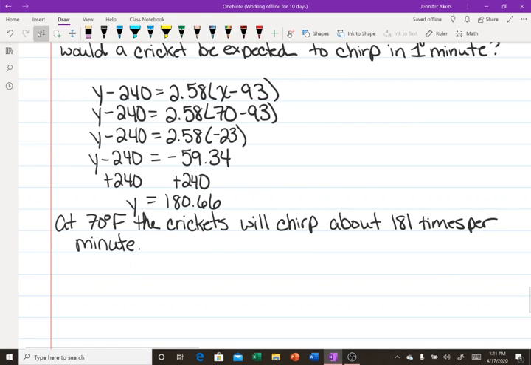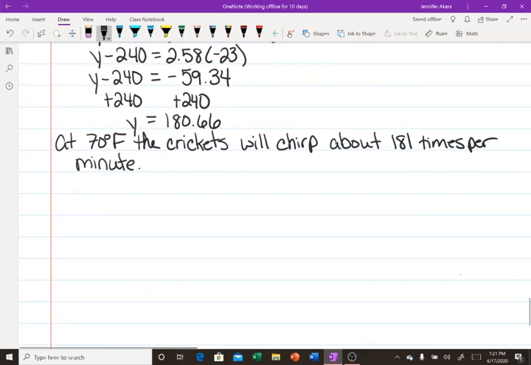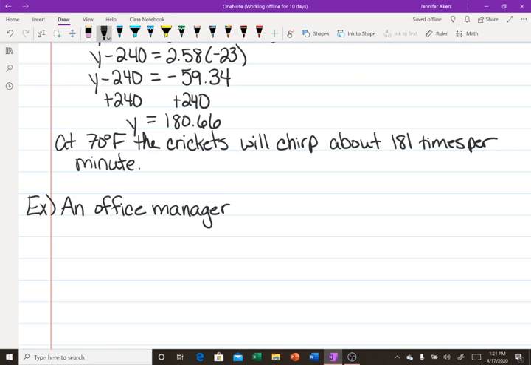Alright, let's look at a different example. An office manager ordered 140 packs of printer paper.